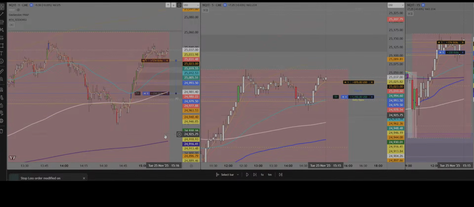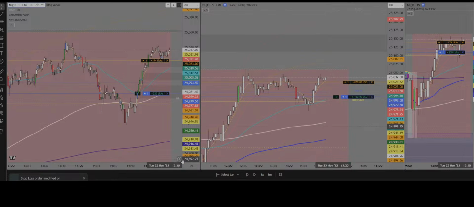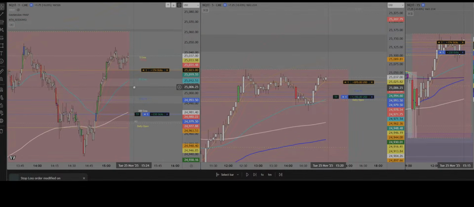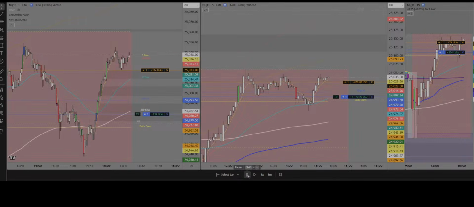So I would be trailing this at 174 ticks because this would basically be the bottom of this pullback. I don't want it to pull back any further. See if we can get a little more push up. Candles are getting smaller, slightly weaker.